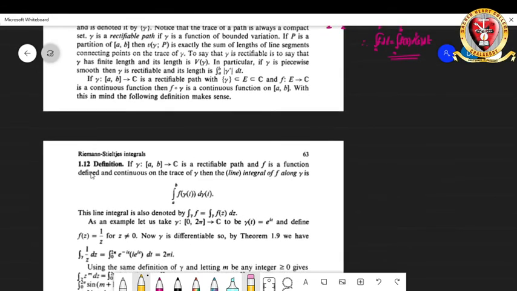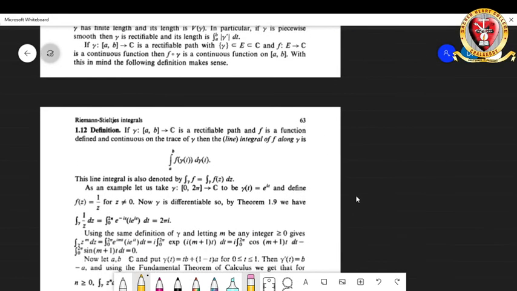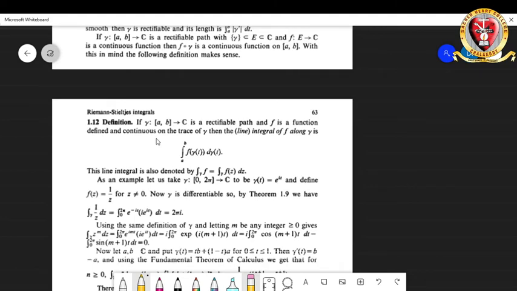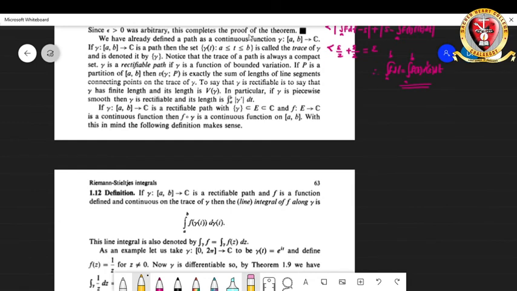And the next definition is nothing but how to define the line integral. If γ is a rectifiable path, you know what is a rectifiable path from the earlier definitions? That means γ is of bounded variation, and f is a function defined and continuous on the trace of γ, right?